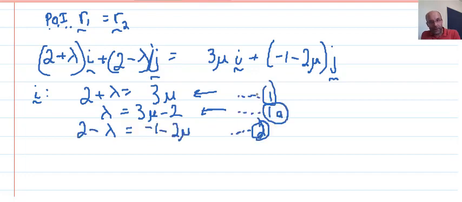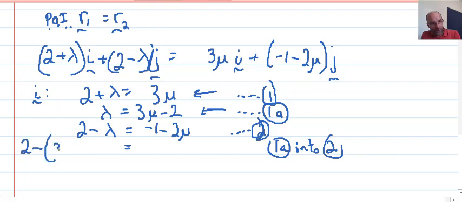We have our second equation there, and I've just labelled the equations. So we can come up with, by subbing 1a into 2, 2 minus, where lambda is, we can replace it with 3 mu minus 2.